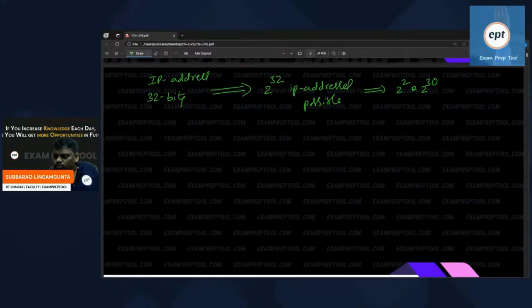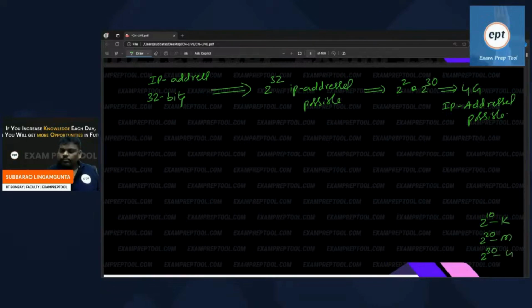So 2 power 32 goes to 4G, so 4G IP addresses are possible.